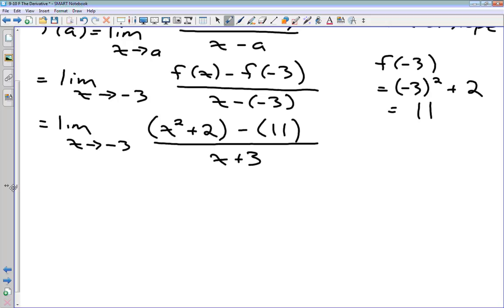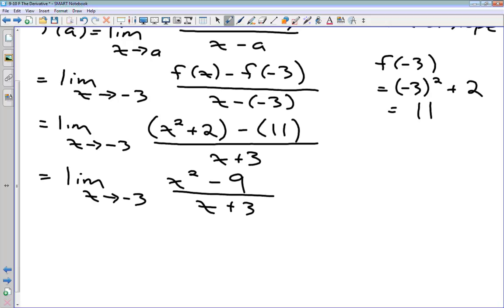And then we can simplify the numerator a little bit here. Limit as x goes to -3. I have to keep writing limit as x goes to -3 because I haven't evaluated that limit yet. It's not until I actually do that substitution step that I can stop writing that. We'll still have our x squared. Positive 2 minus 11 gives us -9 over x plus 3. This is the limit that I want to evaluate.